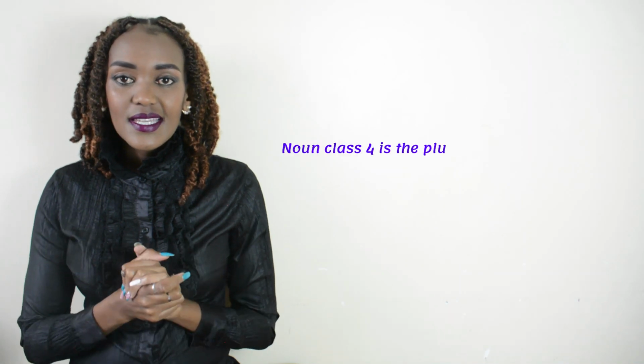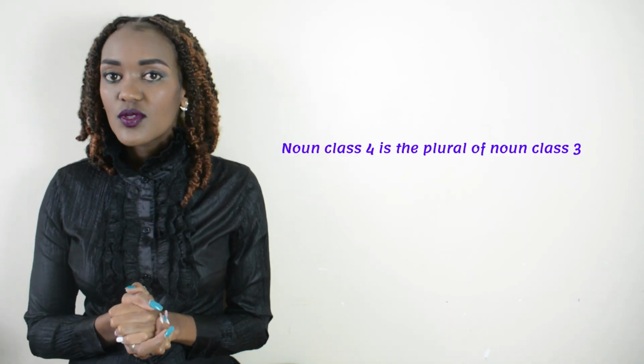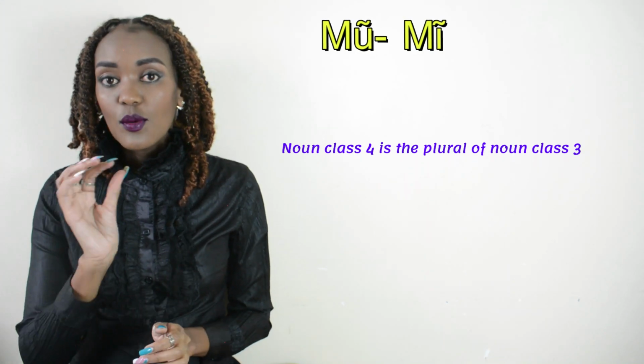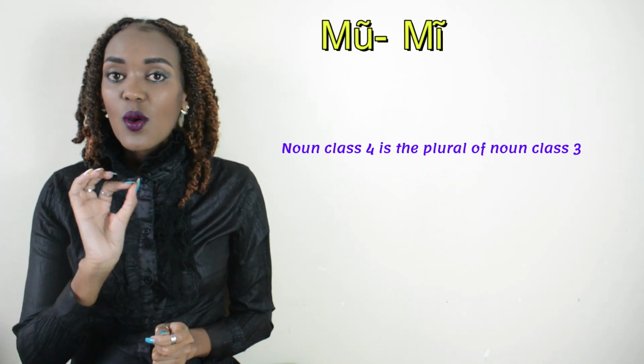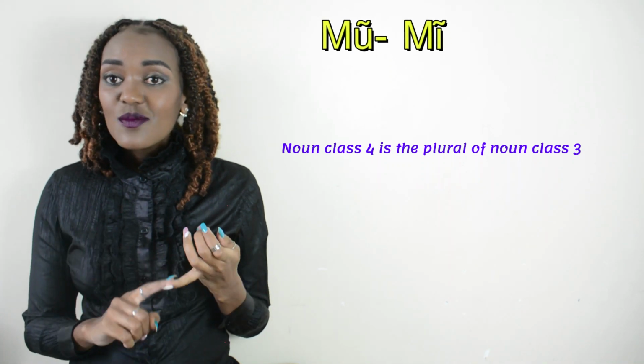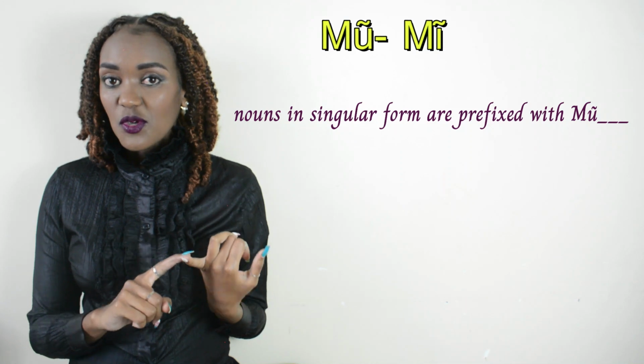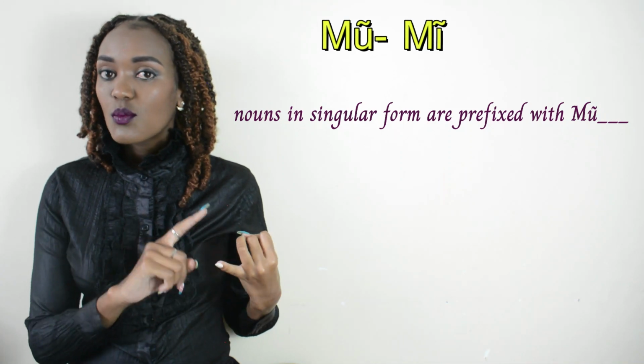We are going to look at 8 nouns that belong to this category. These noun classes are called mo and me. This means that our nouns in singular form will start with mo.